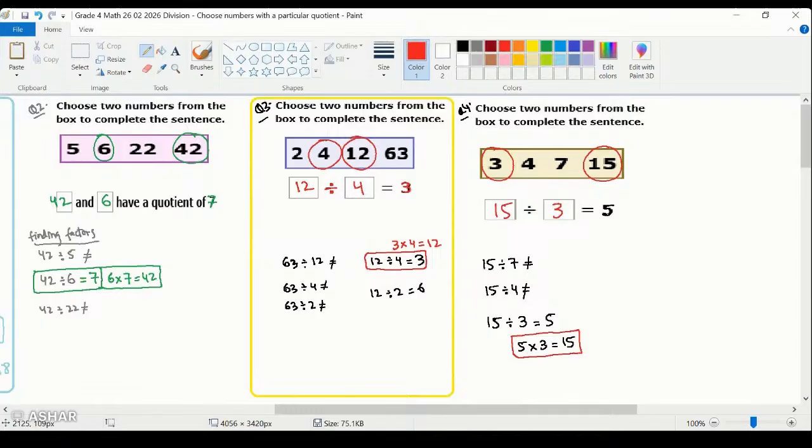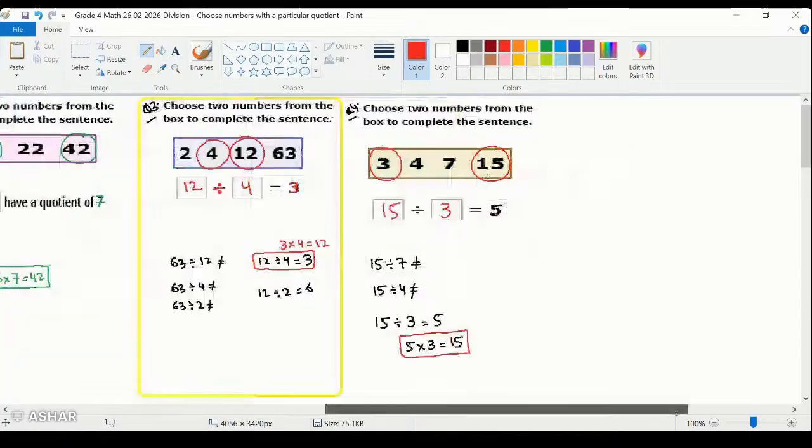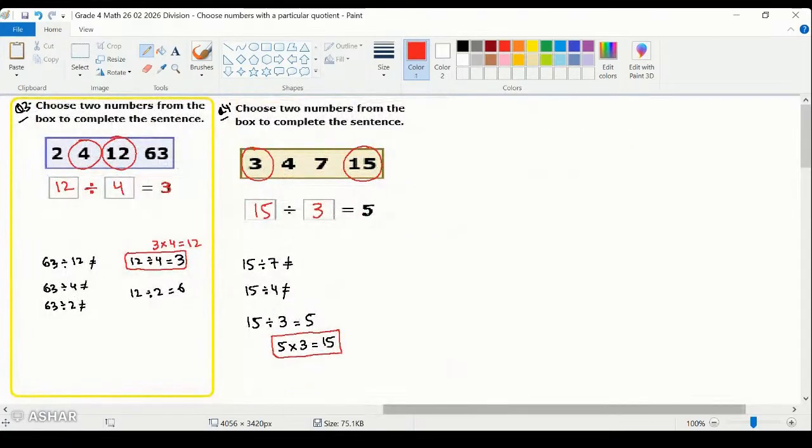Thank you, Solomon. Let's have a look at another example. Choose the two numbers which complete the sentence.